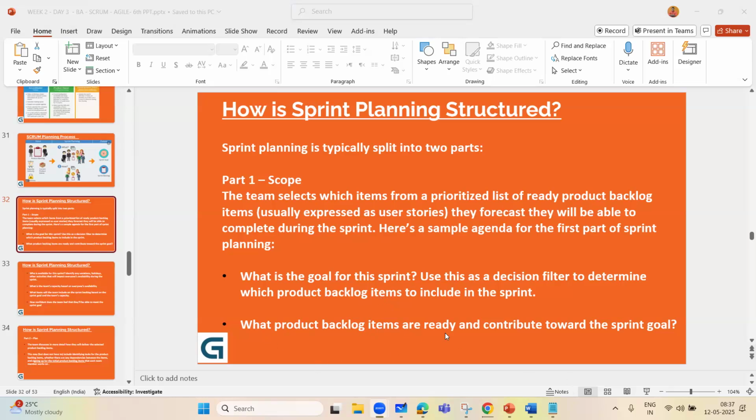Second, what product backlog items are ready and can contribute toward the sprint goal. Now here, very important thing. How many product backlog items are ready? If product backlog items are not ready, you end up making them ready in the sprint planning itself.